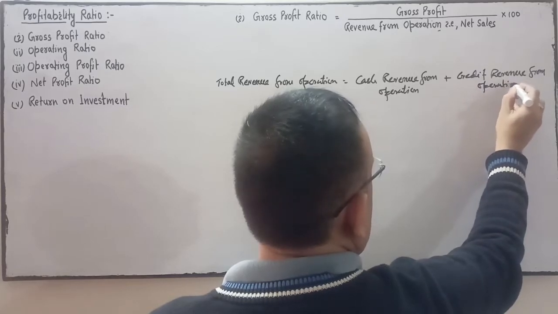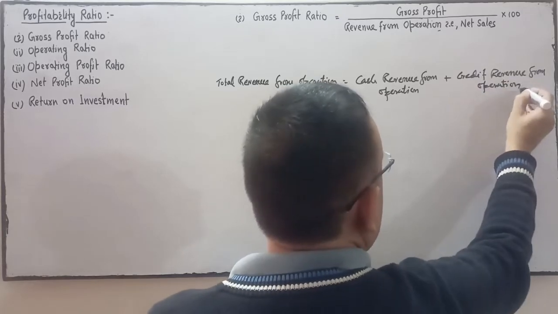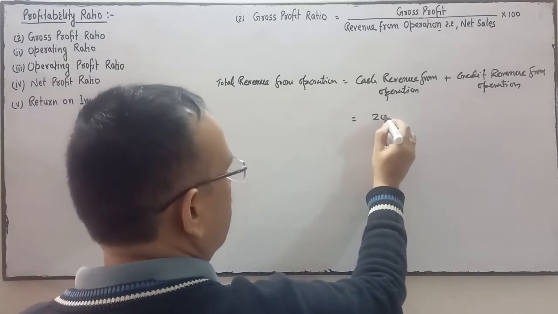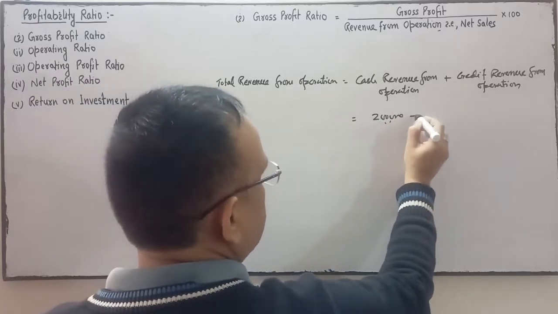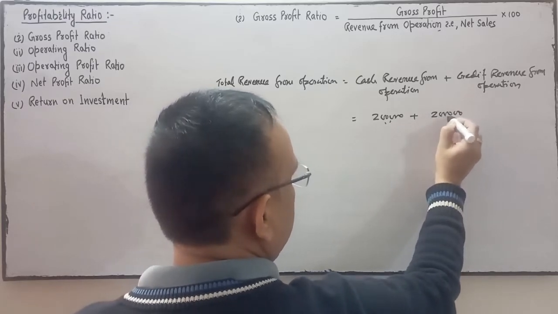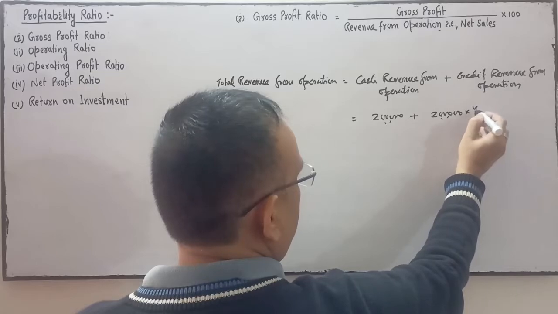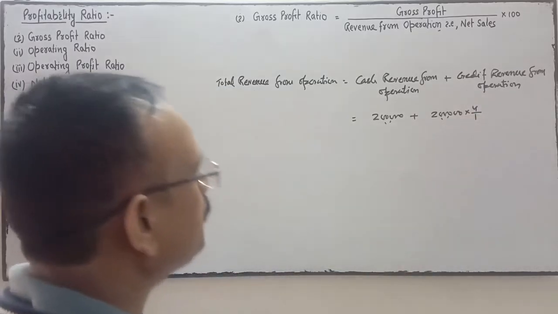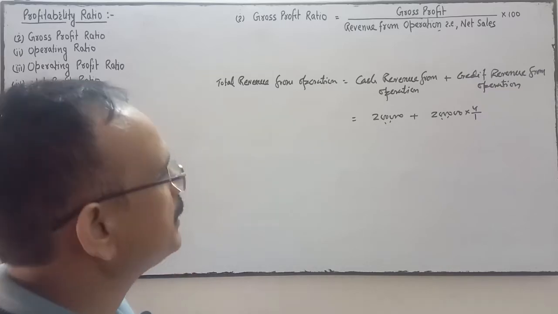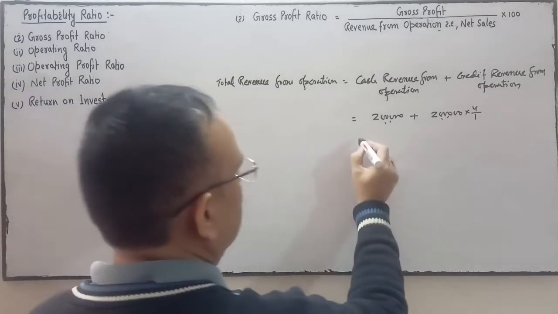So we have to add the cash revenue from operation and credit revenue from operation. Cash revenue from operation is 2 lakhs and credit revenue from operation will be 2 lakhs into 4 upon 1, because the ratio between them is 1:4.